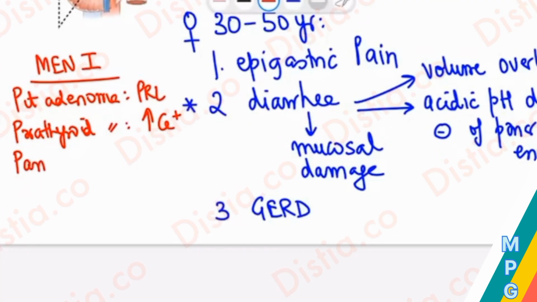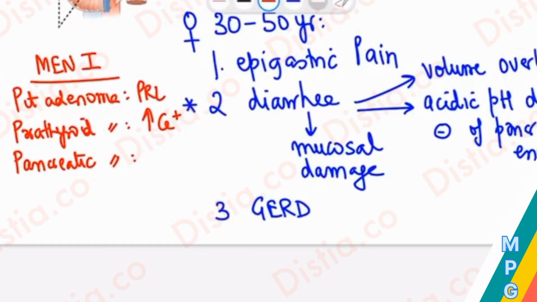But I now come to the third P, that is a pancreatic adenoma. I have explained that the pancreatic adenoma can be non-functional or can be insulinoma, but in MEN 1, it is not going to be answered by you as insulinoma.